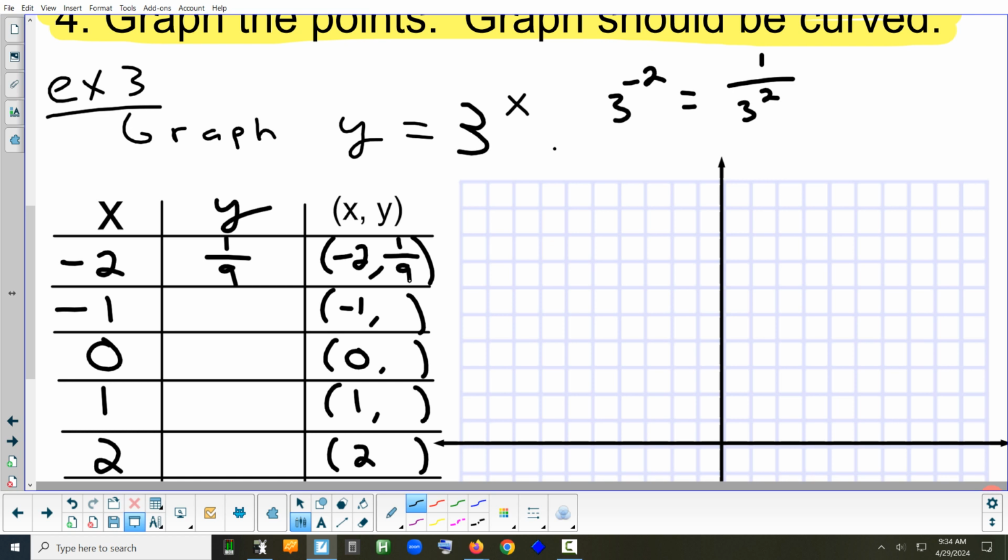Okay, what's the next x value we're going to plug in? Plug in -1. When you do 3 to the -1, what does that turn into when you write it as a fraction?